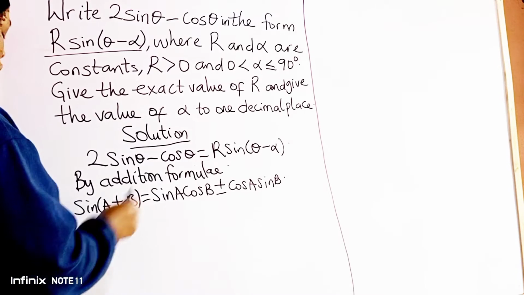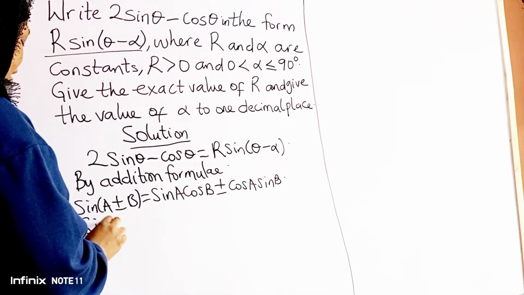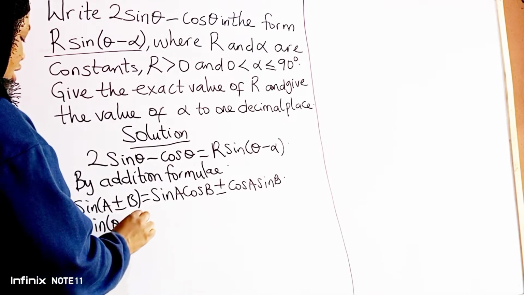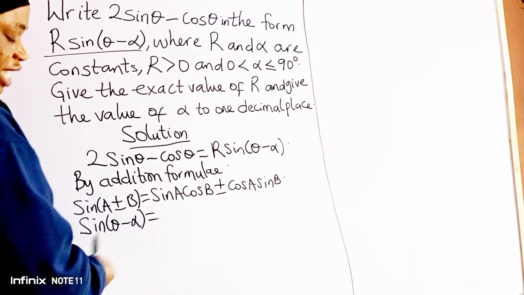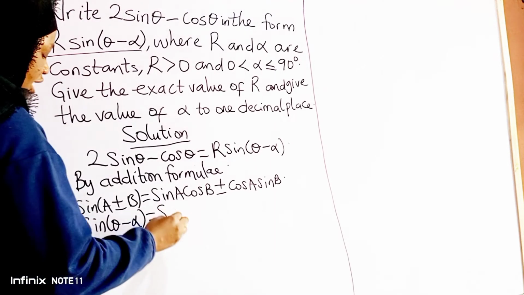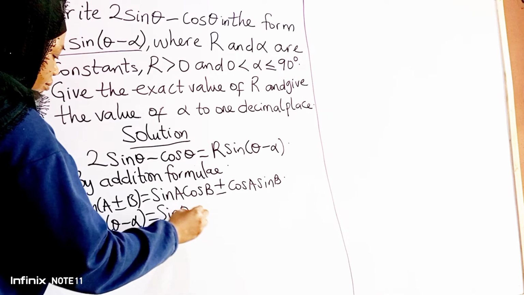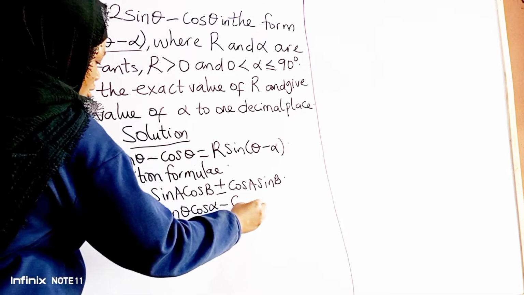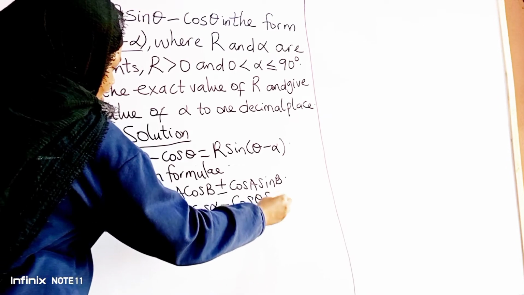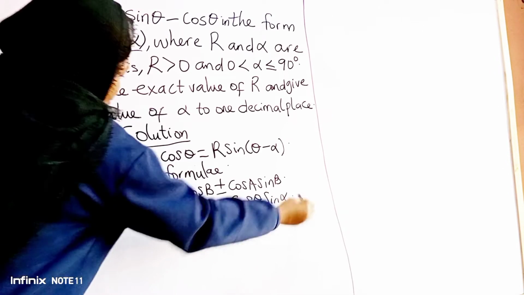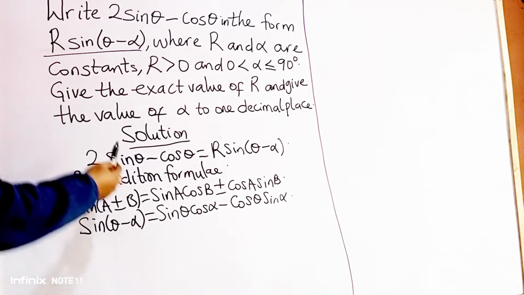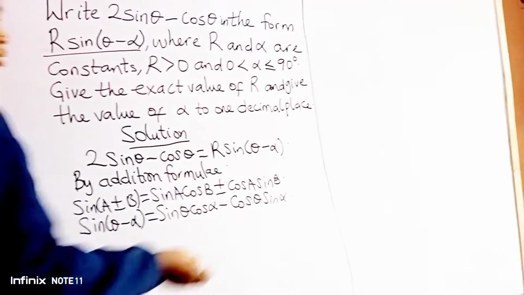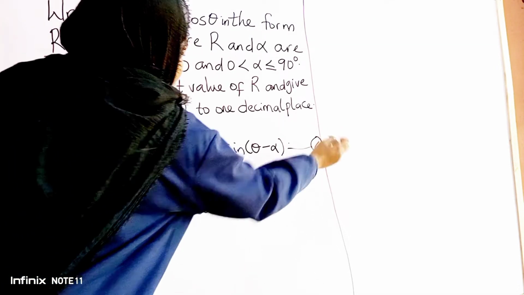Now from here, we have sin(θ − α), so we can expand it to be equal to sin θ cos α − cos θ sin α. Now let's substitute it into equation 1.